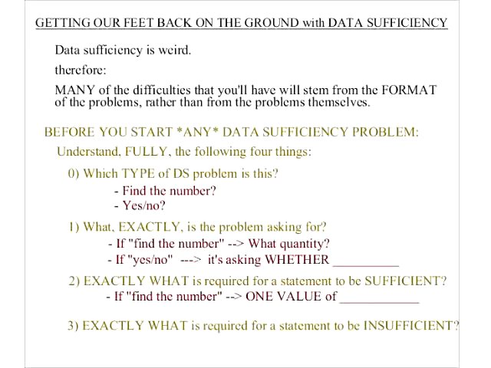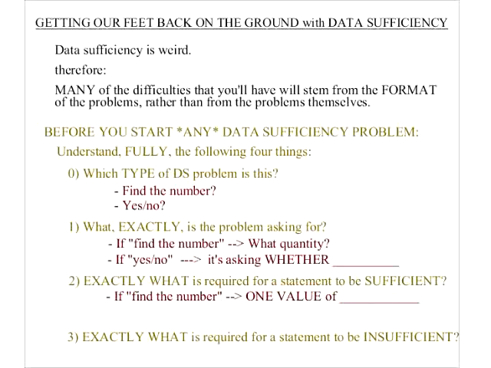The important thing to note here is that if it is a yes or no question, there will always be 2 different kinds of sufficient. And this is where a lot of people have trouble.